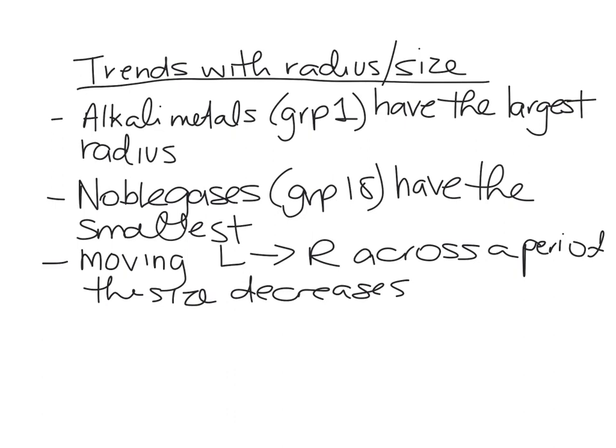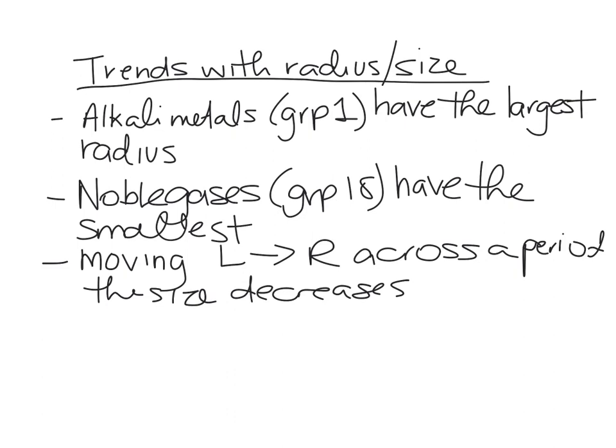Okay, on the graph, look at your alkali metals. What happens to the alkali metals as you go down the group? So lithium's at the top of the group, potassium's lower. What happens as you go down the group to the size? They increase.